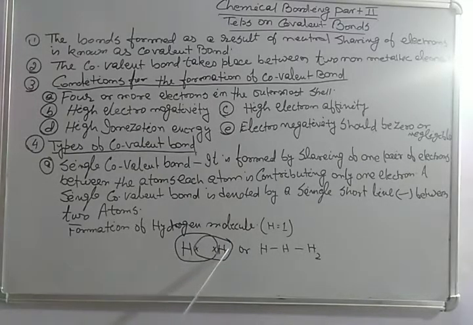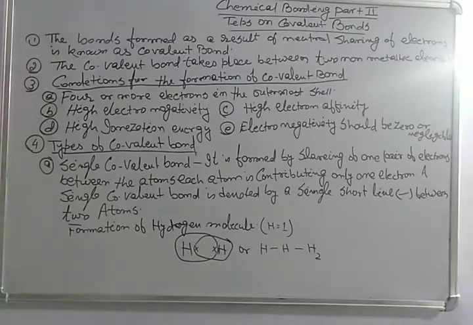When one goes to the other, the first one is unstable, but by taking these two, it becomes stable, because in the first shell, by the 2n square formula, 2 electrons are needed. So the diagram is like this, with H, a single line, and H. The molecule formed is H2.